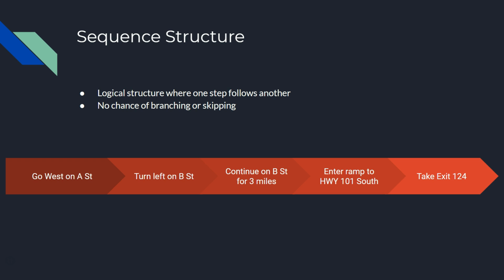It tells you where to go, and you'll probably never hear a navigation system telling you, okay, you can turn left or turn right or go straight, right? It just says go west on A Street, turn left on B Street, continue on B Street for 3 miles, enter ramp to Highway 101 South, take exit 124, there's your destination, right? So one-way structure is very sequential.